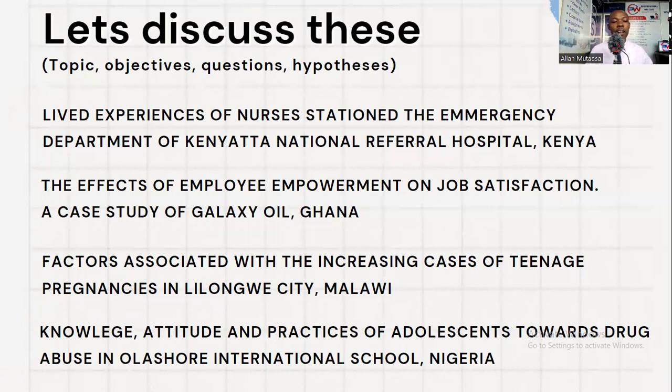So if you're going to do this topic and you're going to study experiences, you're going to have a qualitative study. So now we are going to say experiences of nurses stationed at the emergency department. The problem I see with this topic is that the nurses at the emergency department can be so many in number. So if the nurses are so many in number, you're going to be forced to do random sampling.